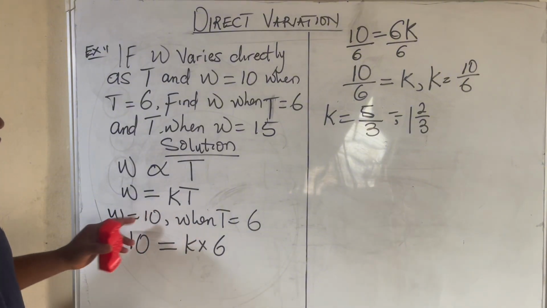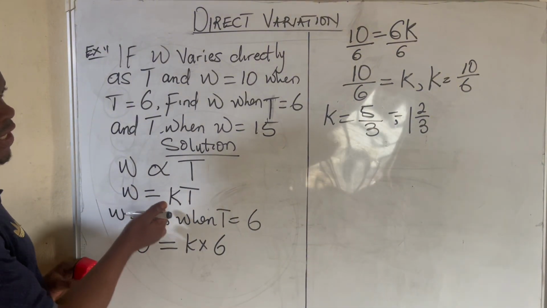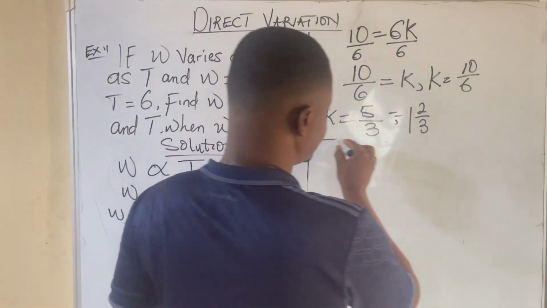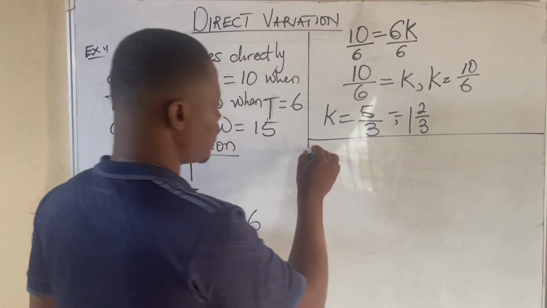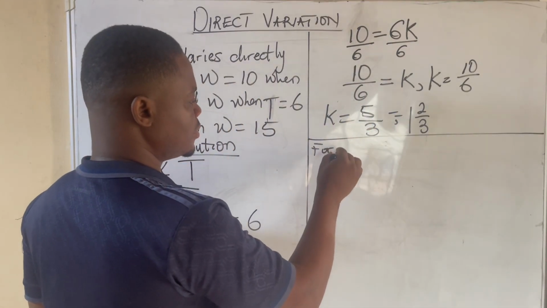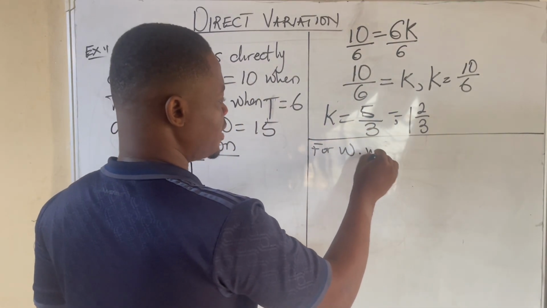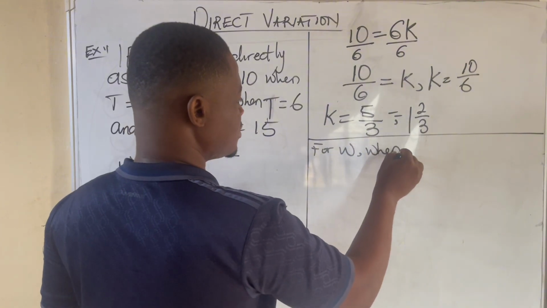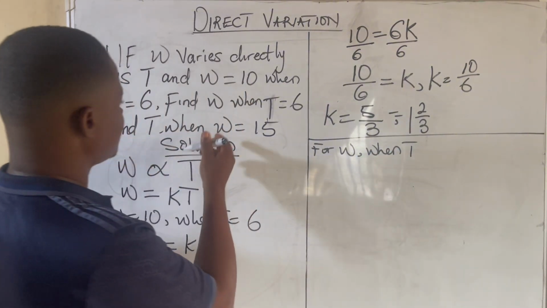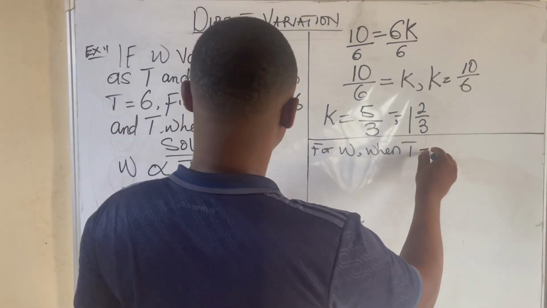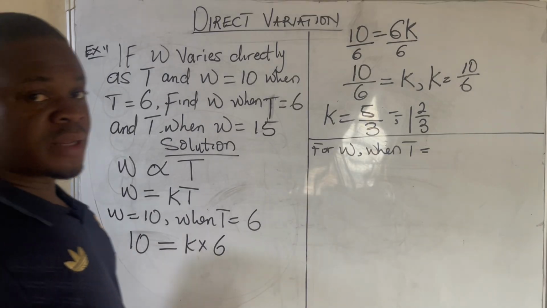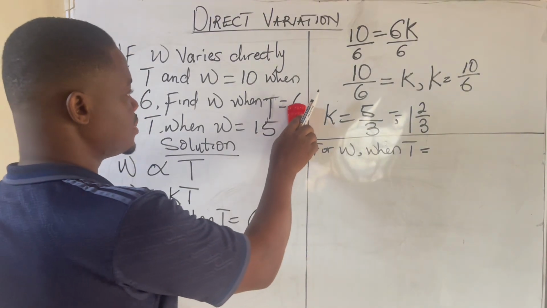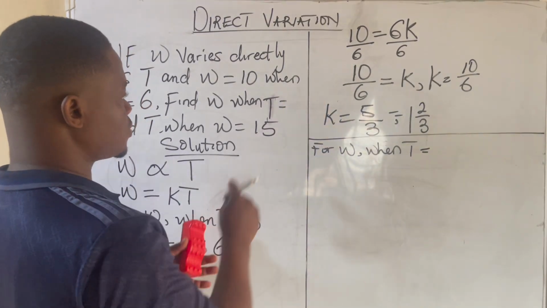We have already established that W is equal to KT. For W when T equals 6, let's make an amendment to the question. Let's say T is equal to 12 here.